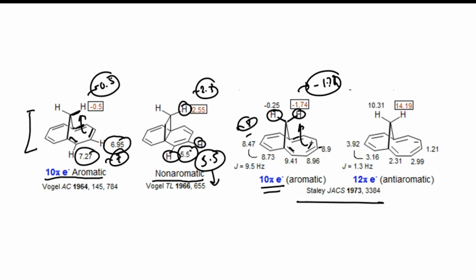And here is the dianion of the previous compound, which is an anti-aromatic system, a 12 pi electron system. Here you can see that this proton resides in the deshielded zone, so the value is very high, 14.19, or in the 10 to 14 region. And the peripheral hydrogens have a very low value because they are in the shielded zone.